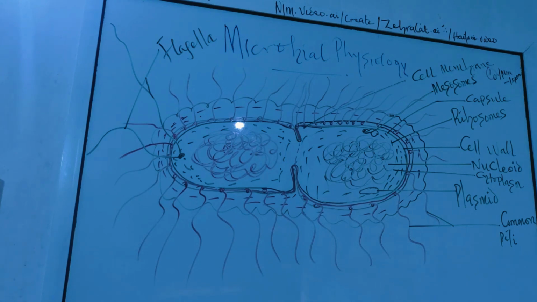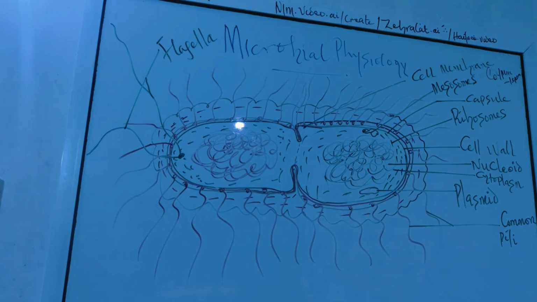I want you to bear in mind that as a microbiologist, so to say, you need to start your journey in microbiology, or your journey in this course, with understanding what microbial physiology is all about.